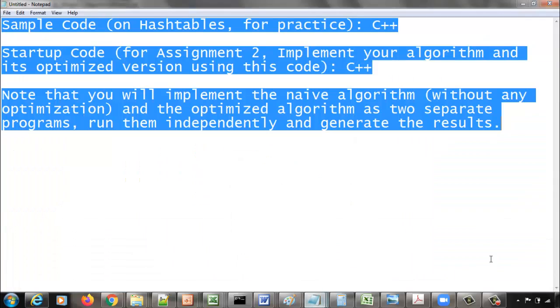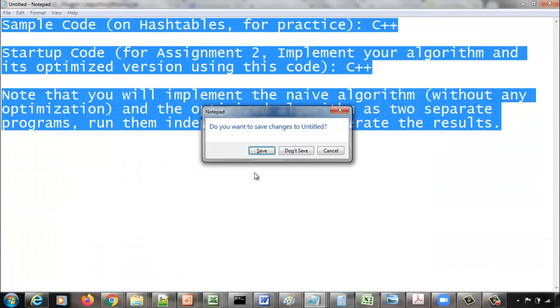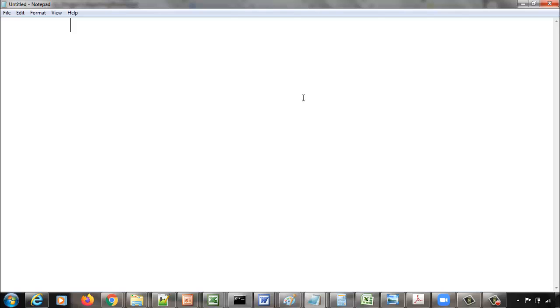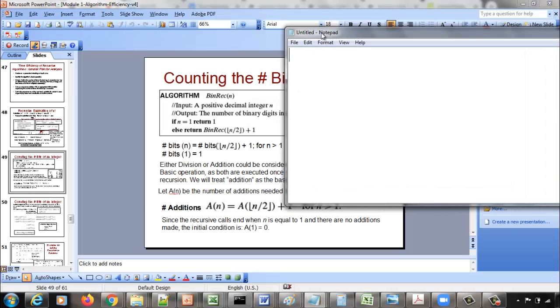I think I wrote this last time, but let me write it again here. For 1 in decimal, it is 1 in binary. For 2 in decimal, it is 1 0 in binary. For 3 it is 1 1. For 4 it is 1 1 0.